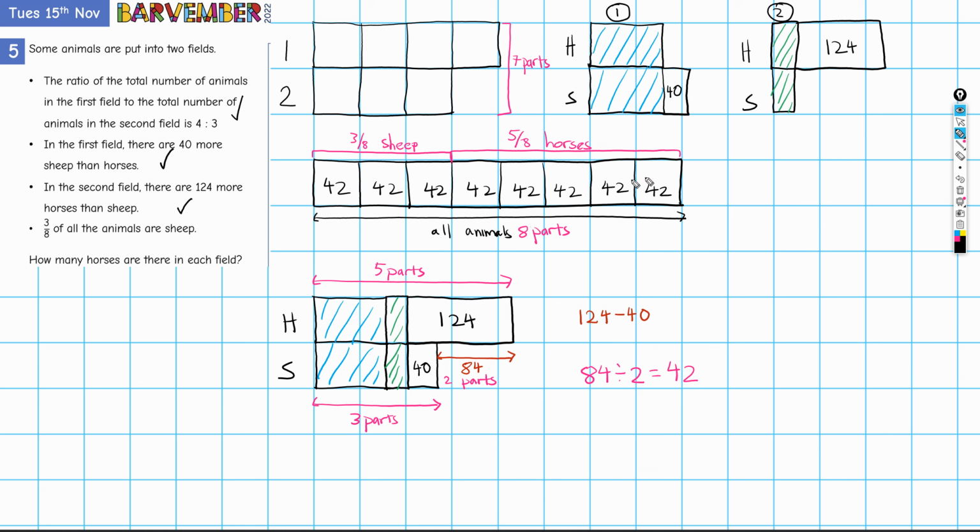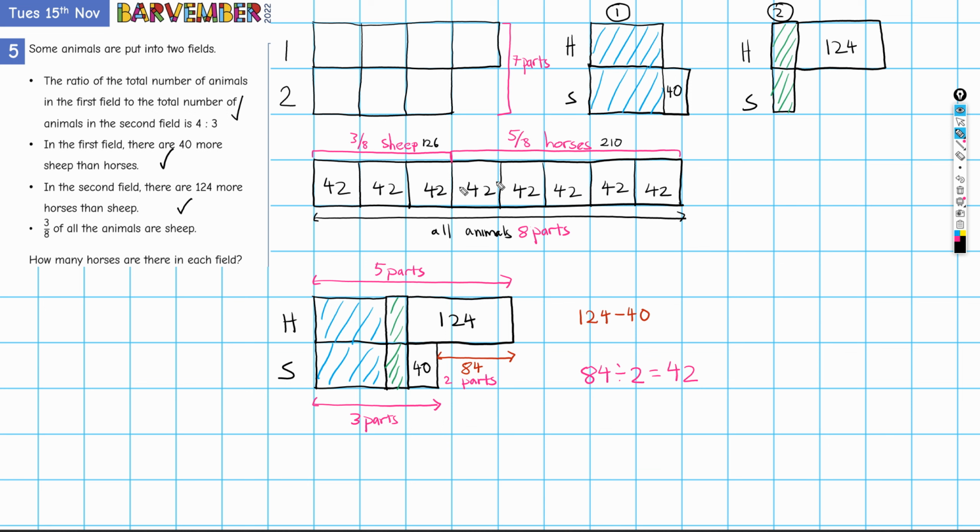Okay, so from this, what can we work out? Well, we can work out the total number of sheep, which would be 3 times 42. Okay, that's 126. We can calculate the total number of horses. That's 5 times 42, which is 210.